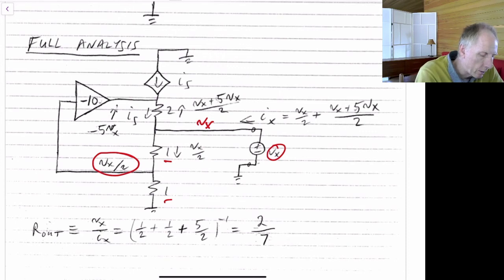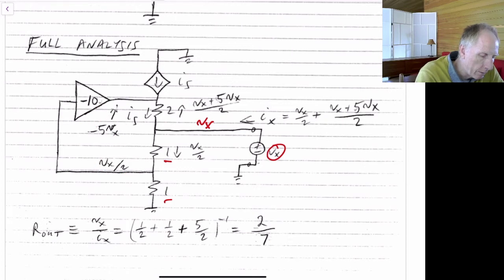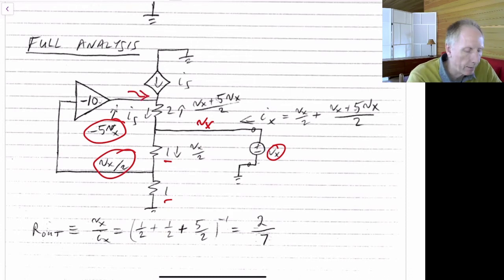If this is Vx over 2, it gets multiplied by minus 10. We're assuming an ideal amplifier with a gain of minus 10. So this will be a voltage of minus 10 over 2 times Vx, which is minus 5 times Vx. So we now have the voltage here and the voltage at this node, which is at the gate of the transistor.